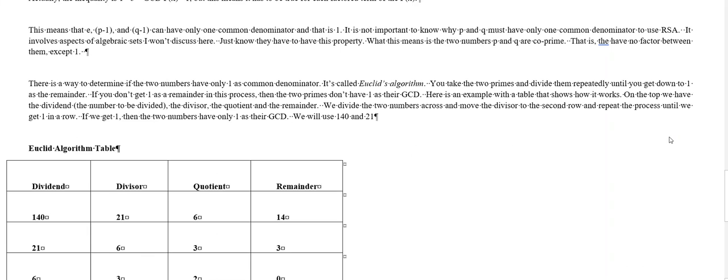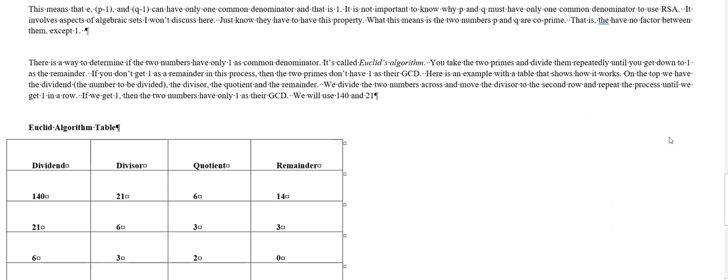There is a way to determine if the two numbers have only 1 as a common divisor, and it's called Euclid's algorithm. You take the two prime numbers and divide them repeatedly until you get down to 1 as the remainder. If you don't get 1 as the remainder in this process, then the two primes don't have 1 as their GCD.